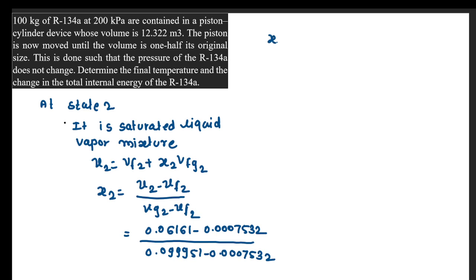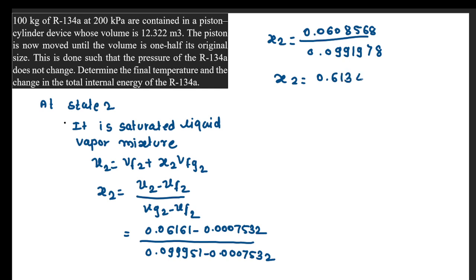Now x2 you are getting around 0.0608568 divided by 0.0991978. So x2 you will get around 0.6134.